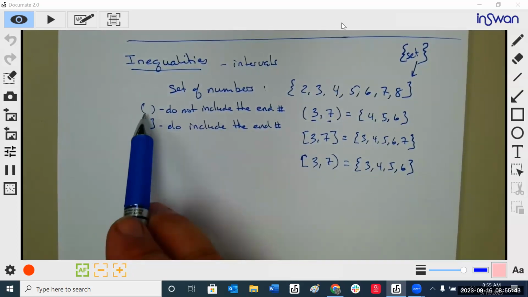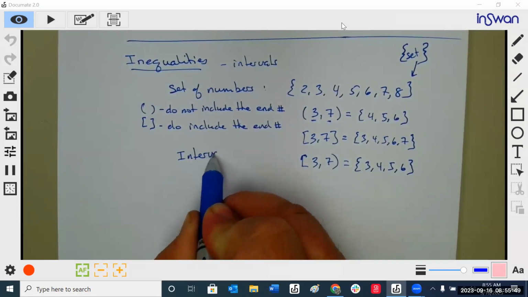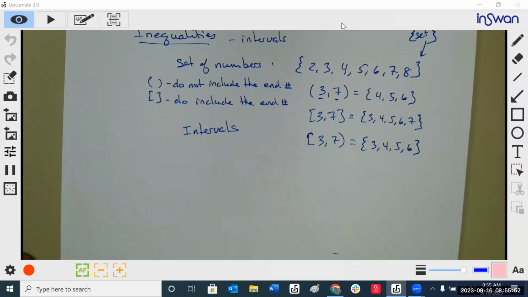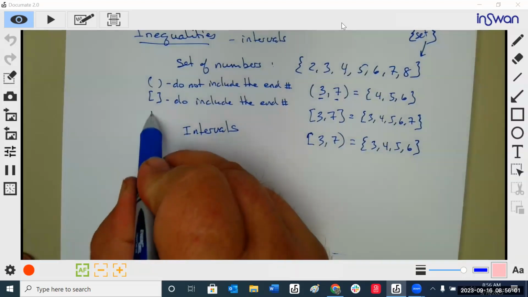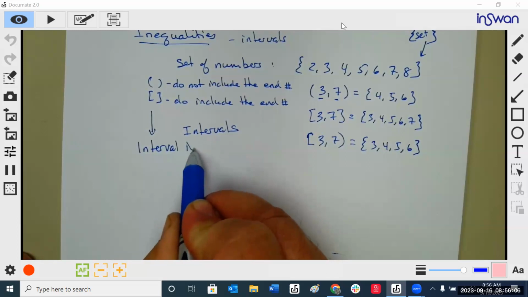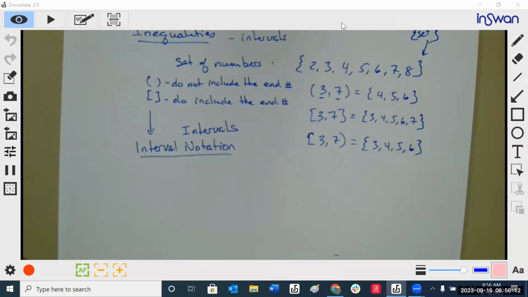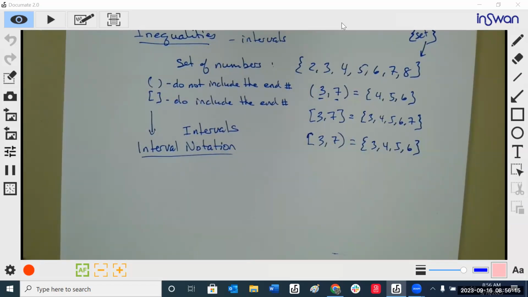So when you use these symbols, these are called intervals. These are called interval notation. So far, so good?